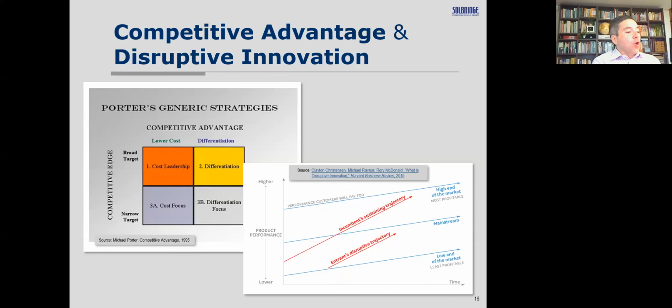How can low cost be distinct? Or in other words, why is lower cost not always the same as operational excellence?